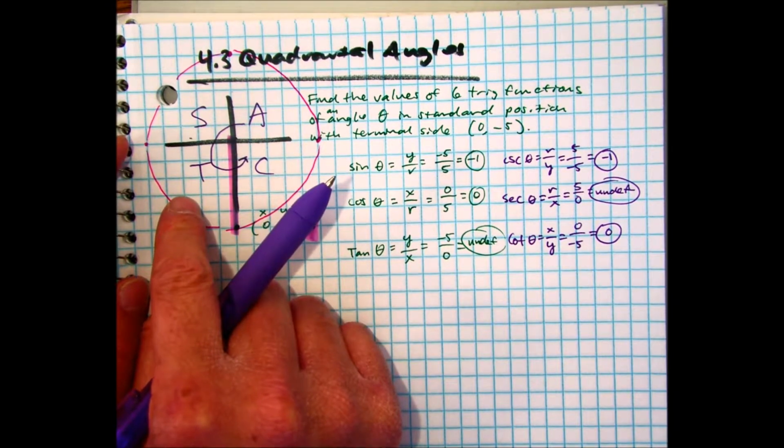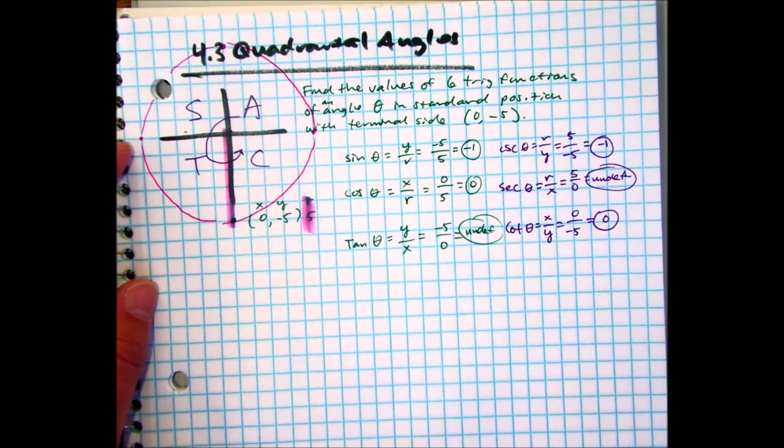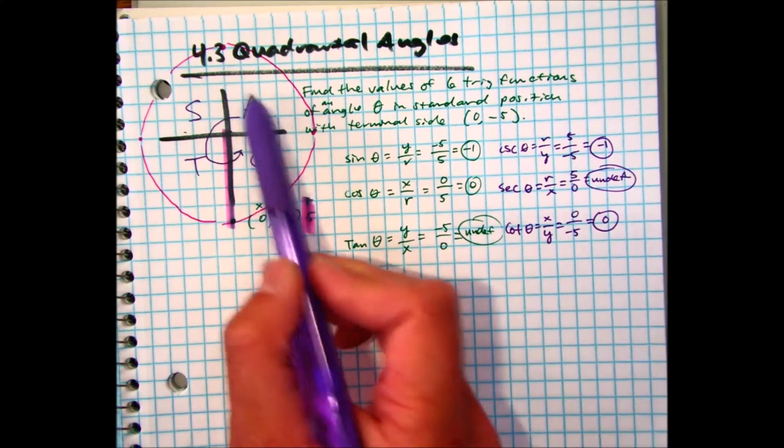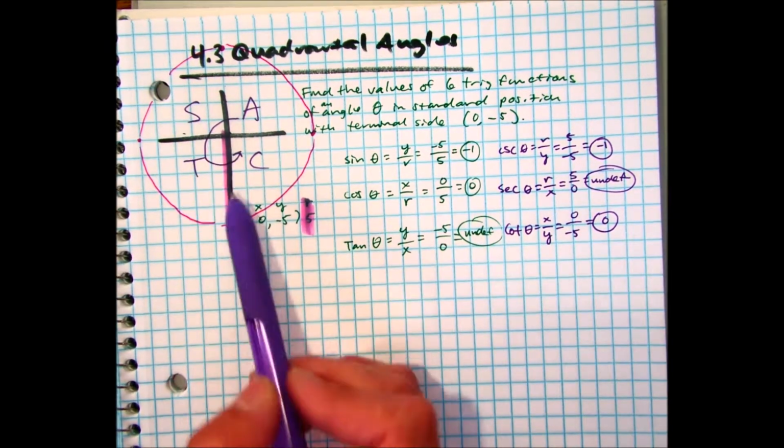What does it tell you? What you just made up. Look at all of these and which ones are positive. Positive means not negative, not undefined. Which ones? Well, here all 6 are positive. Only sine and cosecant. Now you're in between.